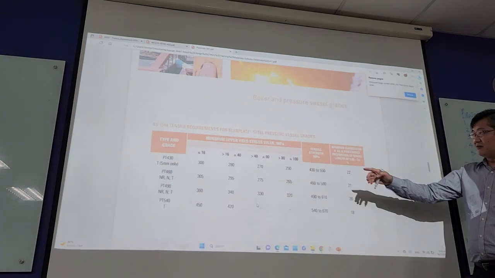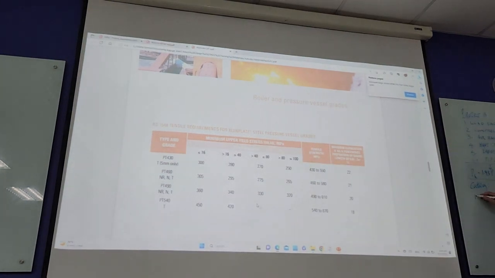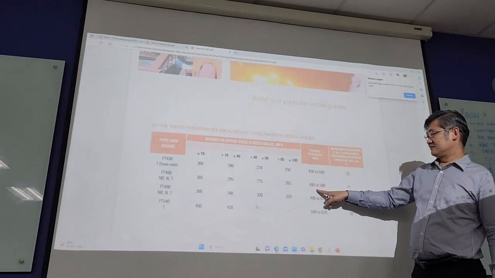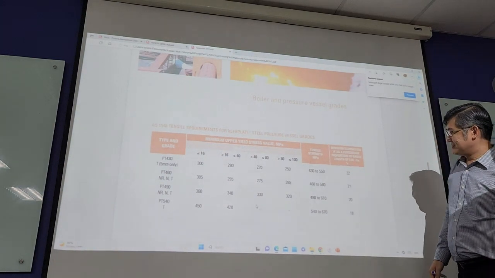We have a minimum upper yield stress value of about 305 megapascal. Over here is our tensile strength, about 460.